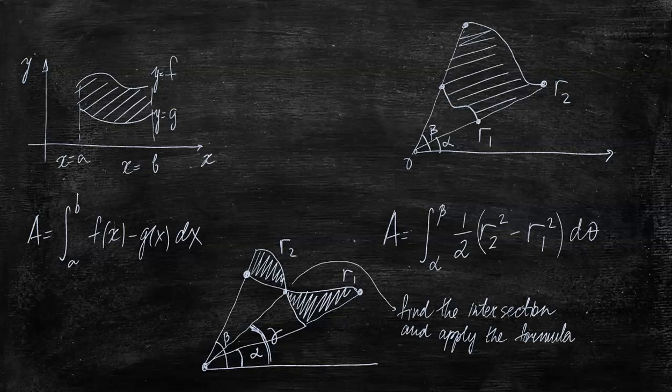So let's see an example of how to find the point of intersection first, and then we'll do an example of finding the actual area.